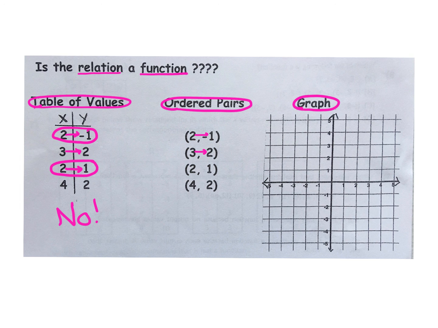An input of 3 produces a 2, but here we have a 2 producing an output value of 1, which means you get two different results when you put in a 2. 2 can only have one output value, not two different output values. In other words, it can only have one favorite result. So this is not a function.